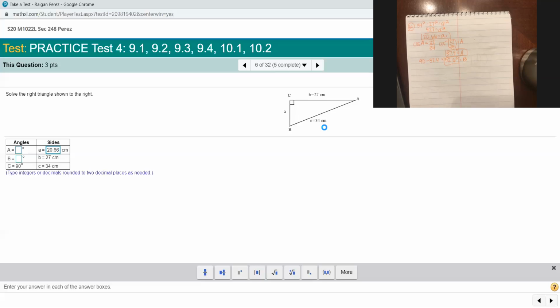Oh, I did 30. I was like, I got a different answer, but I typed it wrong. 27 divided by 34. Yes, I get 52.6 as well. So either one, you could do A or B first and then just subtract. So 37.4 is A and 52.6 is B.